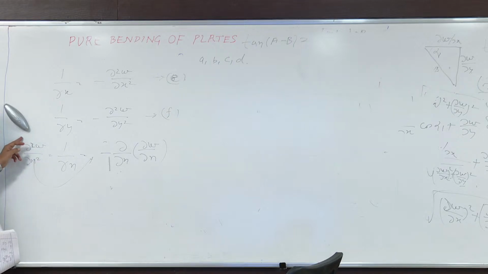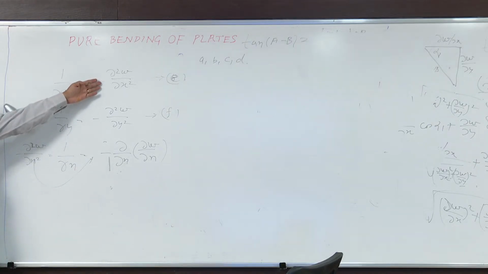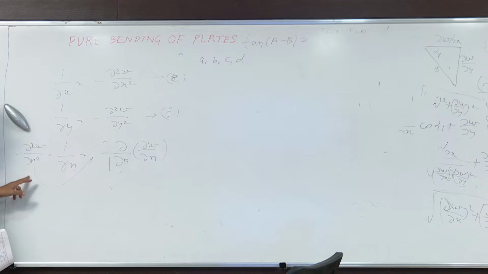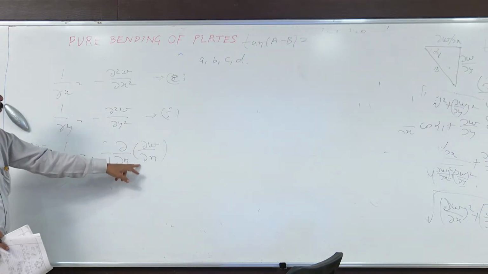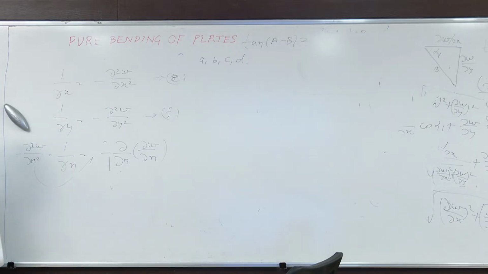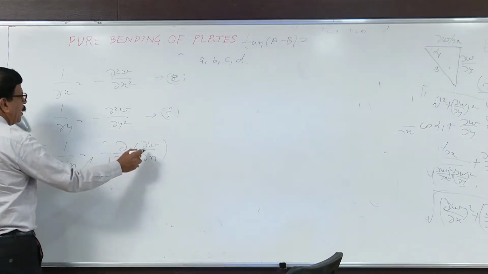So you can write del square W upon del x square, from here del n square. You can write this as minus del by del n, del W by del n. Agree? If you open the bracket, you will get the same thing.